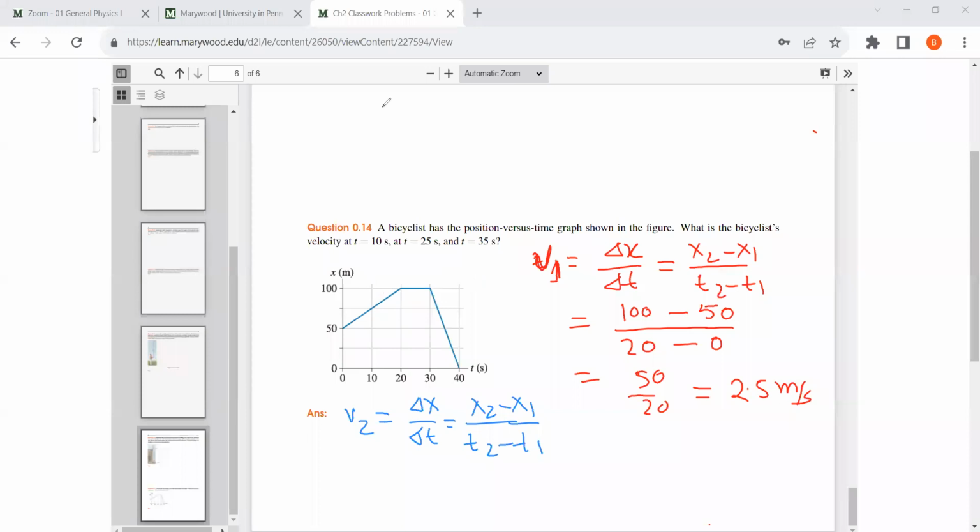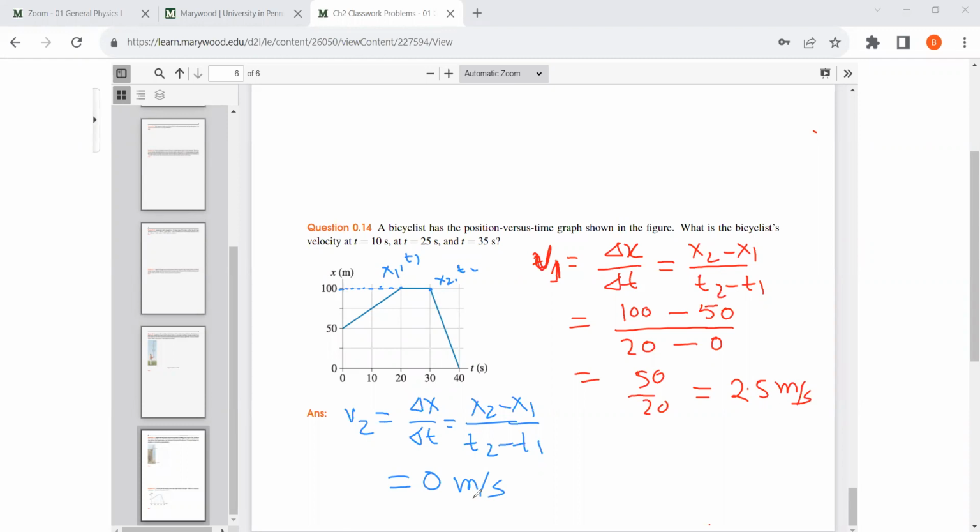In this line, I will choose this as x2, t2, and this as x1, t1. For both x1 and x2, the value is 100. So 100 minus 100 is 0. Whatever the value in the denominator, it doesn't matter, because x2 minus x1 is 0. So v2 is 0 meters per second.